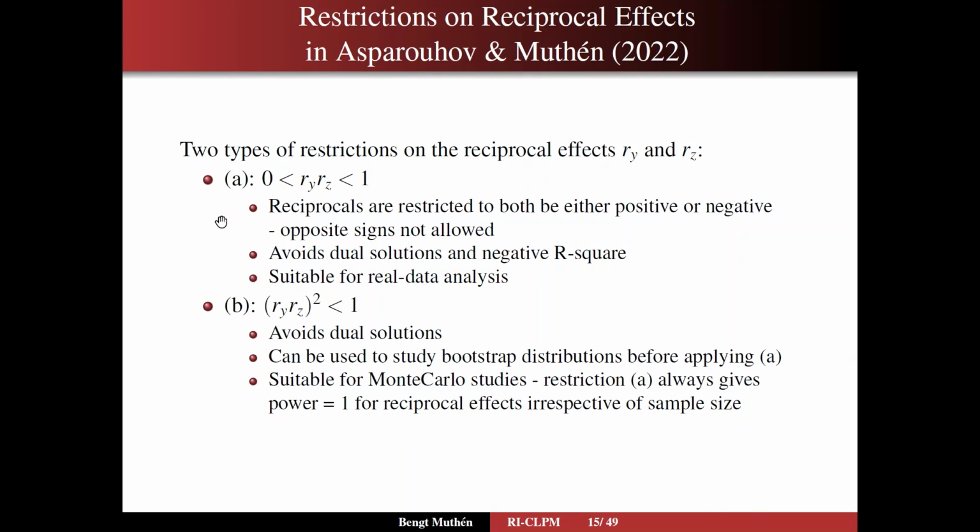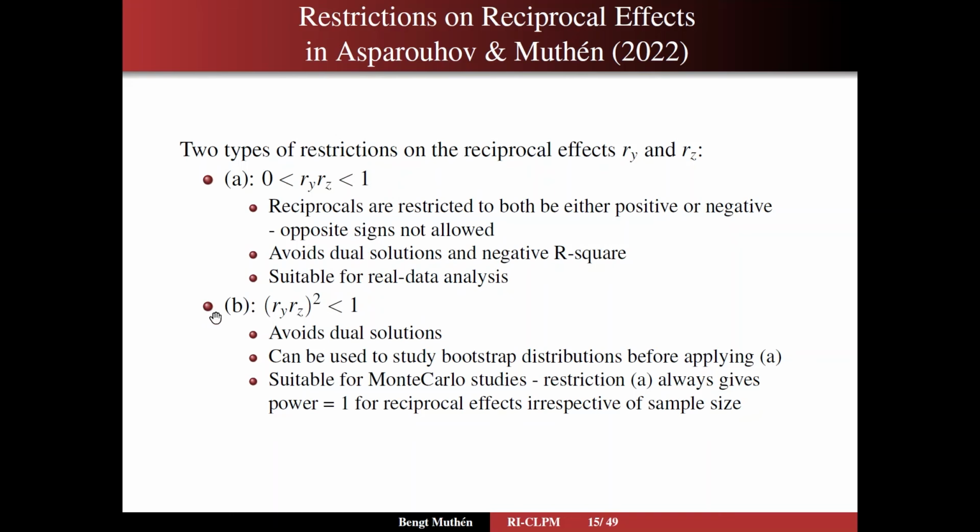And the restrictions are therefore such that both of them are either positive or negative. So 2 positives give a value that's positive, 2 negatives give a value that's positive. This avoids dual solutions, the two-solution problem, and avoids negative R square, and is suitable for real data analysis.